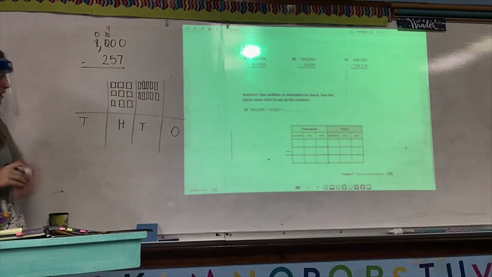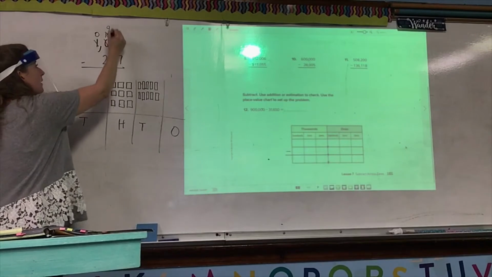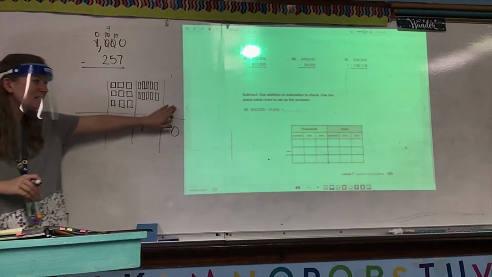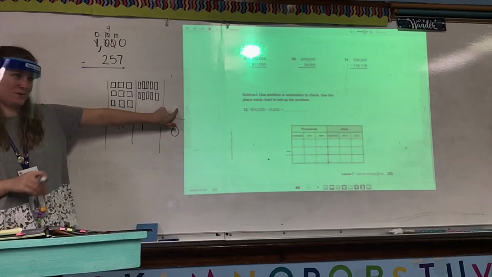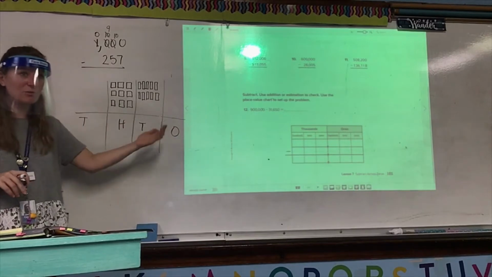So Zadie, how many 10 rods do I have now? 10. But can I take 7 ones cubes yet? No, I still can't take 7 ones cubes.